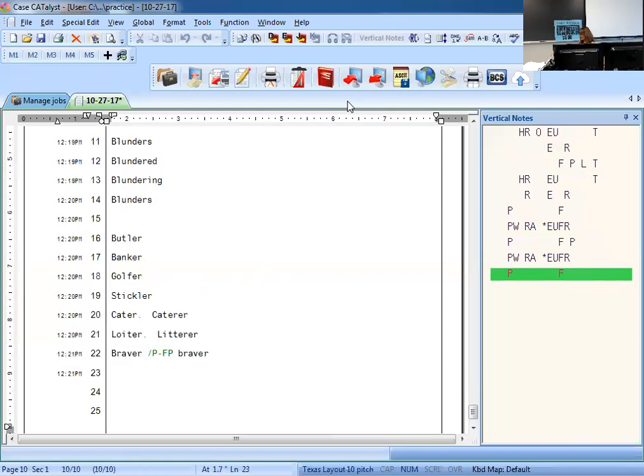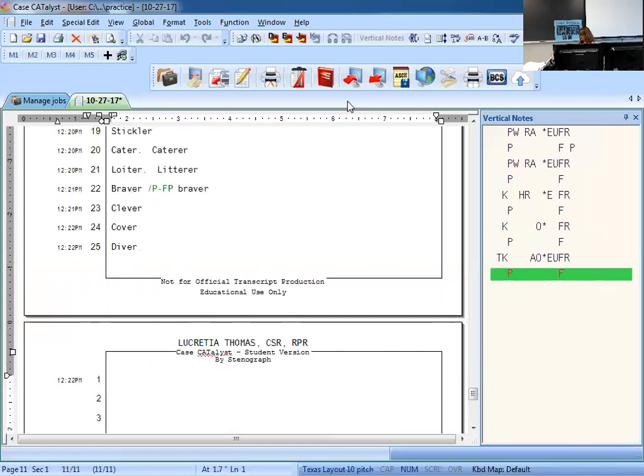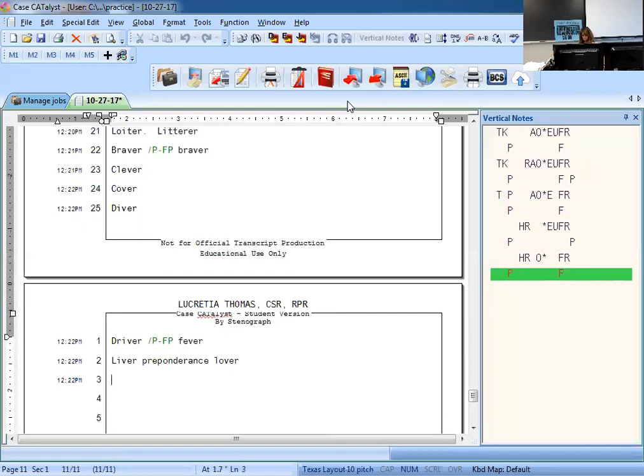So clever is KLEVR, cover, KOVR, diver, D long IVR, driver, D long RVI, fever, F long EVR. You've got liver, LIVR, lover, LOVR, all one stroke. Mover, M long U, FR, and it's an F because it's a V. Never, I would pick whatever you like better.